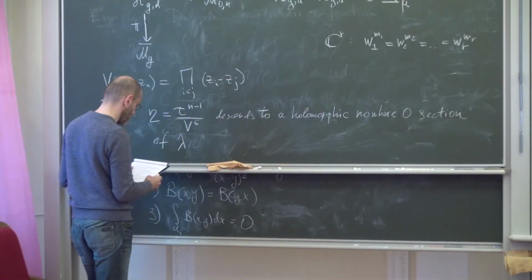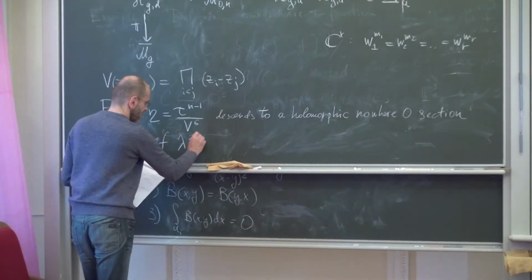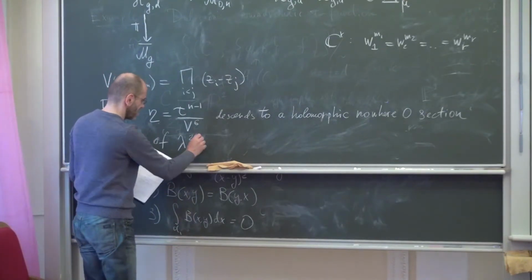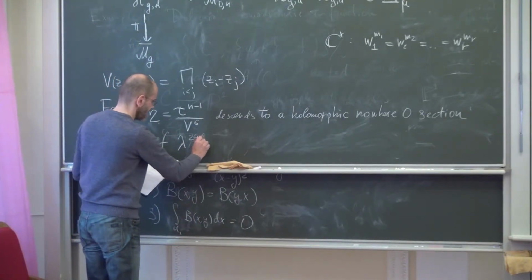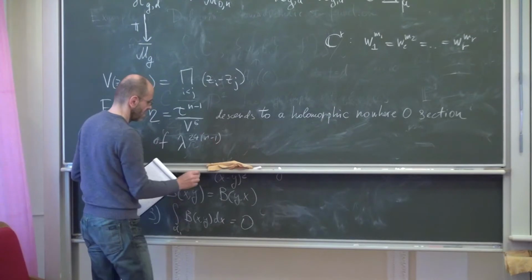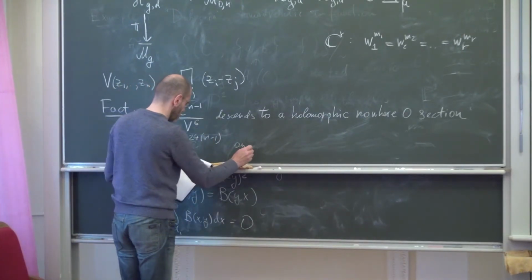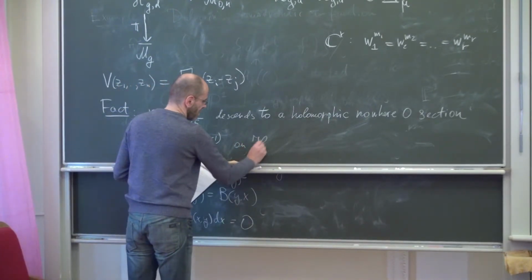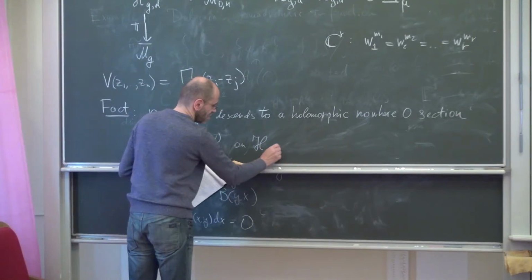So let me write it here, and I'll explain what it is in a second. Lambda to the 24(n minus 1) on the open part, of course, on H_GD.